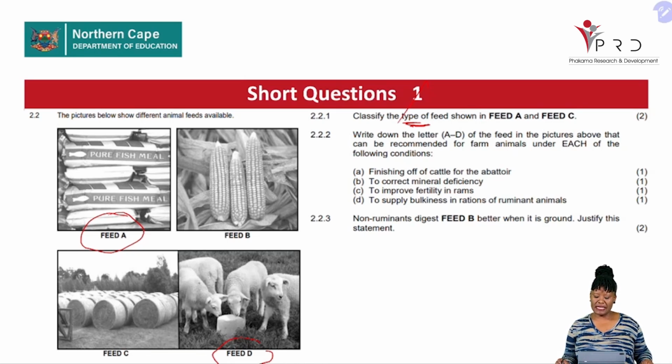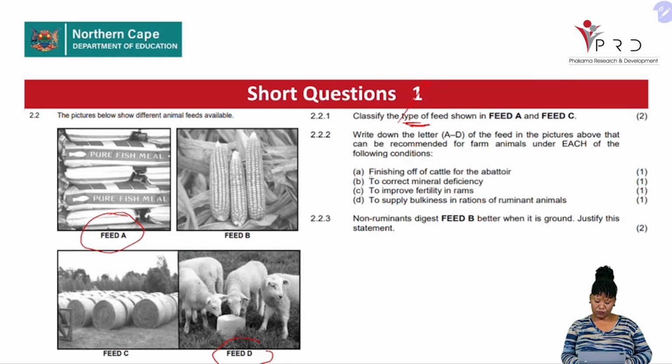To correct mineral deficiency, what are you going to give? To improve fertility in rams. At the same time, to supply bulkiness in rations of ruminant animals.